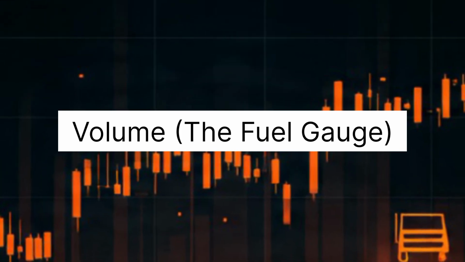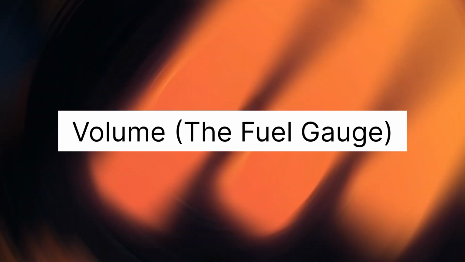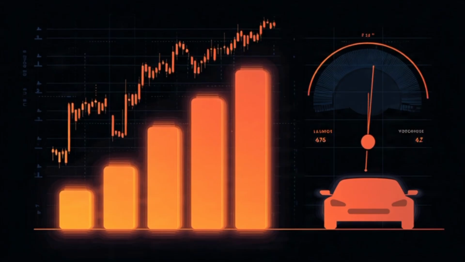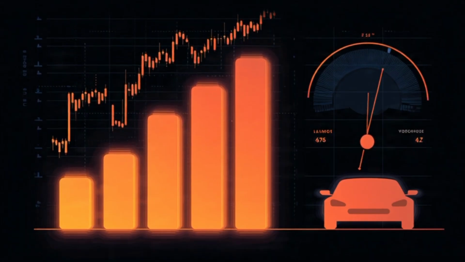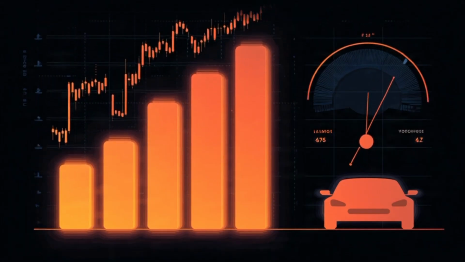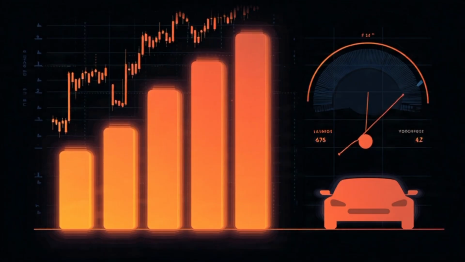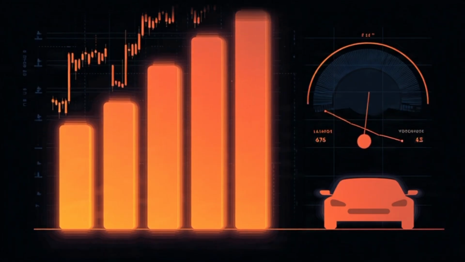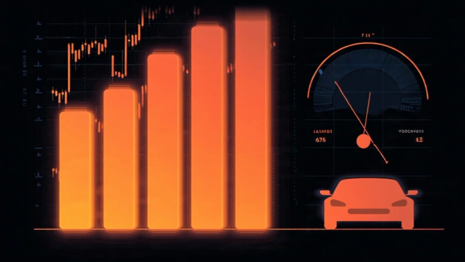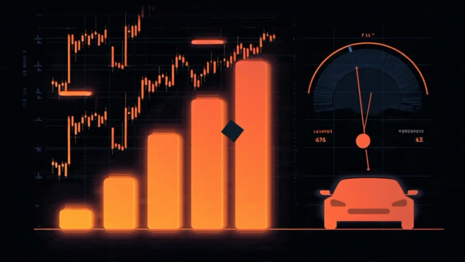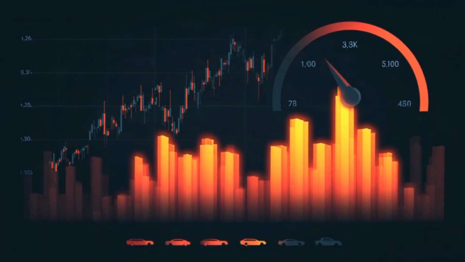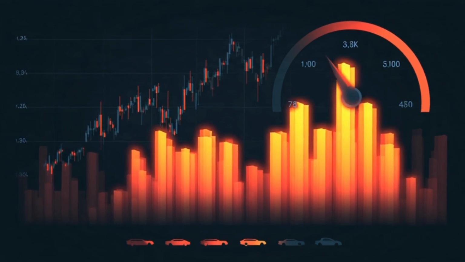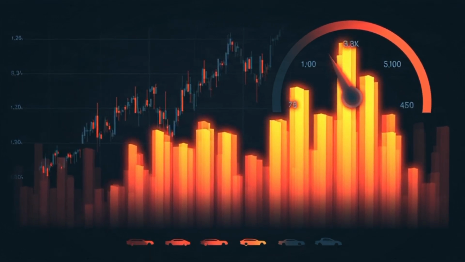Number 3 is volume, the fuel gauge. Volume is comparable to a price movement's fuel gauge. It is represented by the bars at the bottom of the chart and represents the total number of shares traded over a given time period. It is comparable to a car driving with a full tank of gas when the price of a stock moves up or down on high volume with tall volume bars.